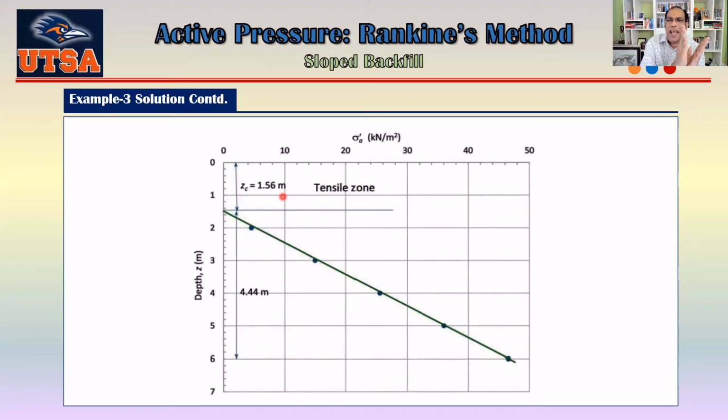But since the soil has cohesion, this one will still stay here, okay? So it's not creating any pressure on the wall. Okay, on the other hand, we can see the pressure is coming just below the tension crack, and this one is kind of linear because this is just one layer of soil. If you have more layers of soils and their properties are different, then basically you will see the slope of that line will change. Okay, now let's move forward.